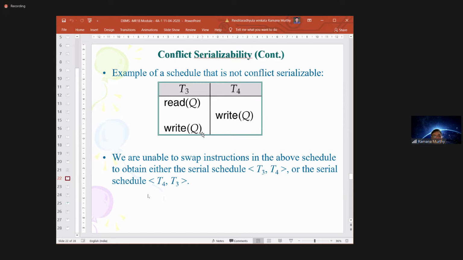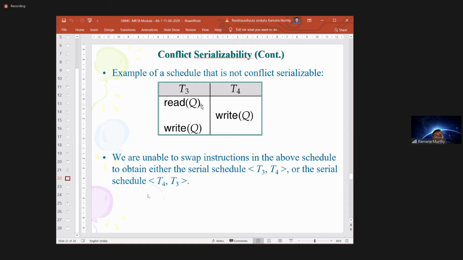You can't move them up and down. Here both operations are writes on the same data element, so you can't swap. T4's operation has to be done first, then only T3's operation. These two operations are not possible to swap.